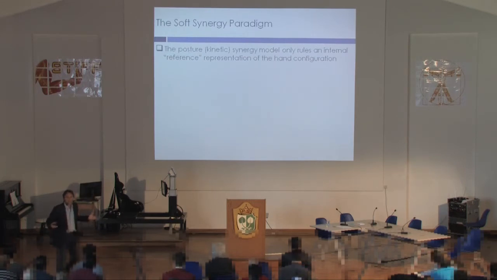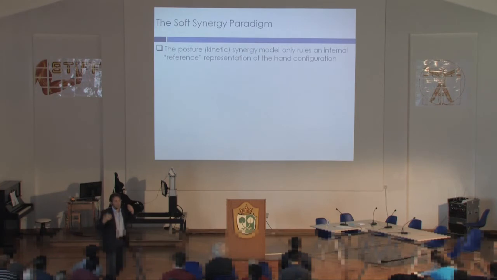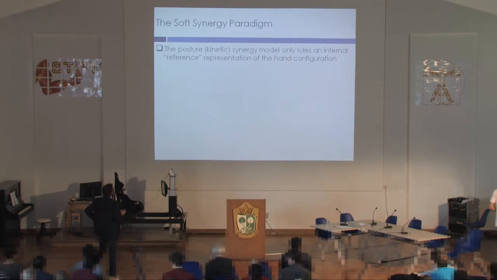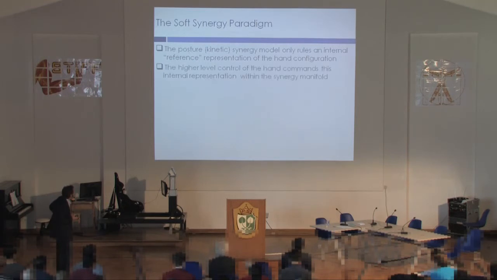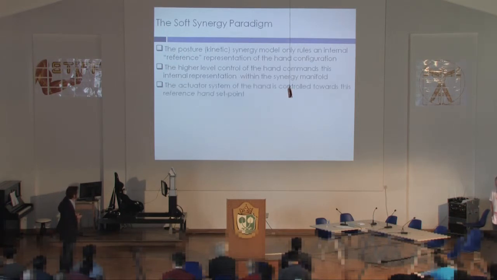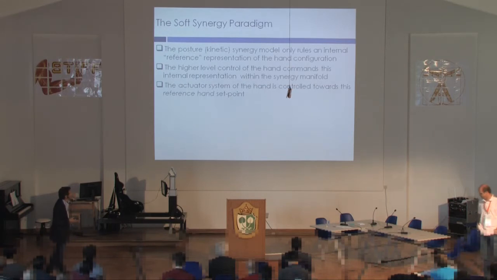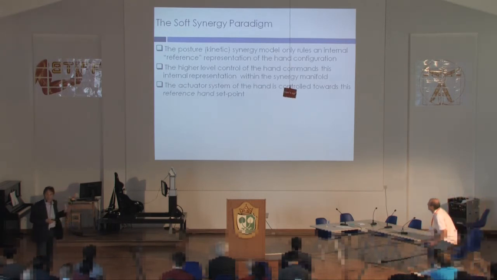So let us step back a little bit and look at it from a higher level. The posterior kinetic synergy model only rules an internal reference representation of the hand configuration. The higher level control of the hand commands this internal representation within the synergy manifold. The actuator system of the hand is controlled towards this reference hand set point.